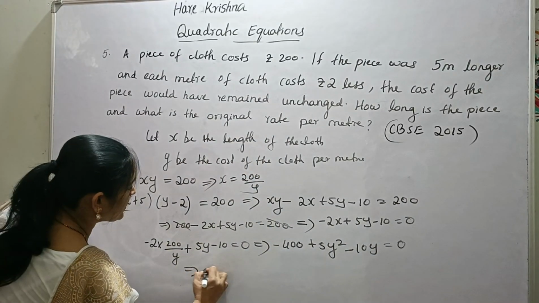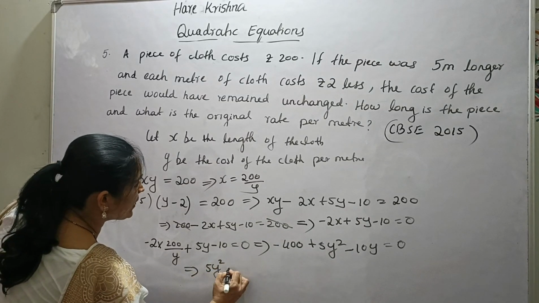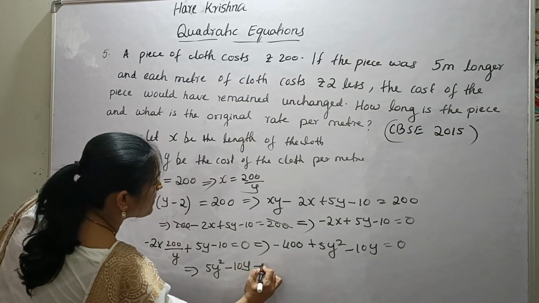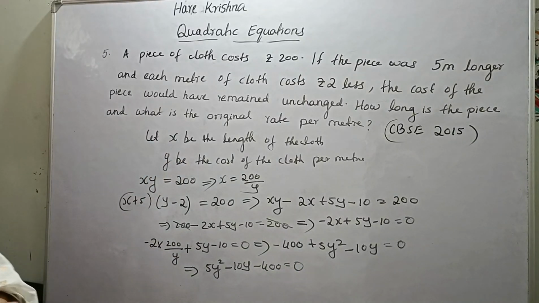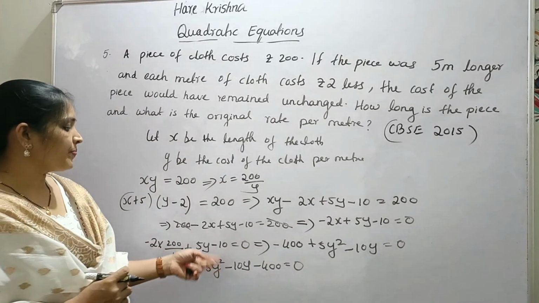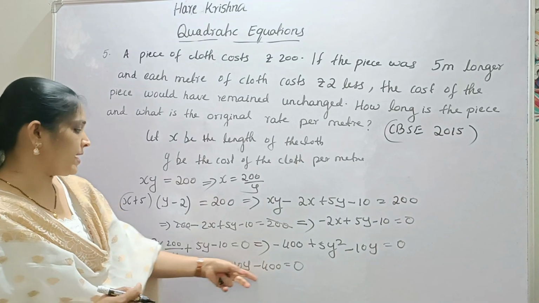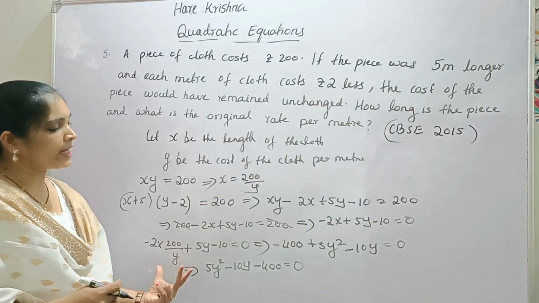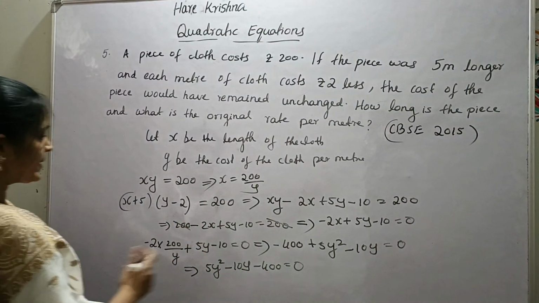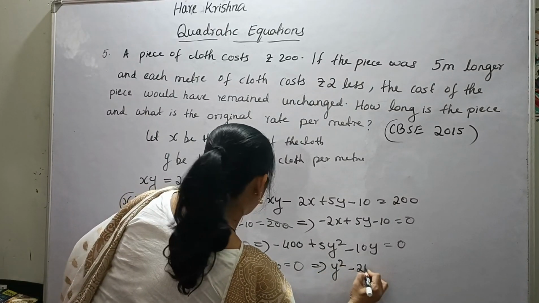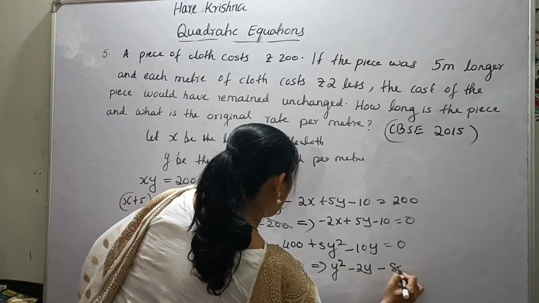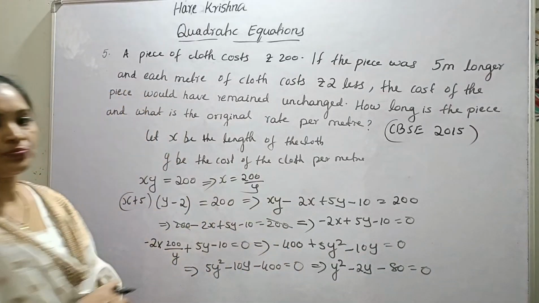That implies 5y square minus 10y minus 400 is equal to 0. We have got a quadratic equation. Here 5 is common, we can take it out and cancel. That is y square minus 2y minus 80 is equal to 0.